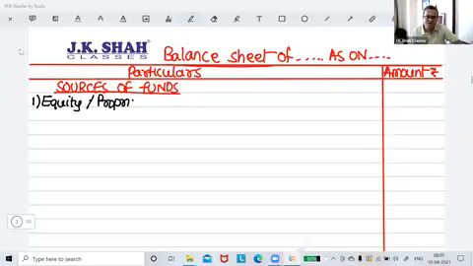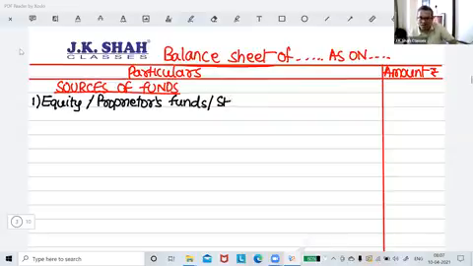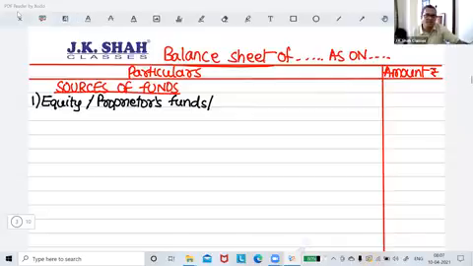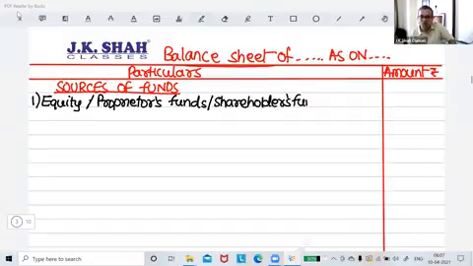It's called proprietors fund. It is also called shareholders funds.